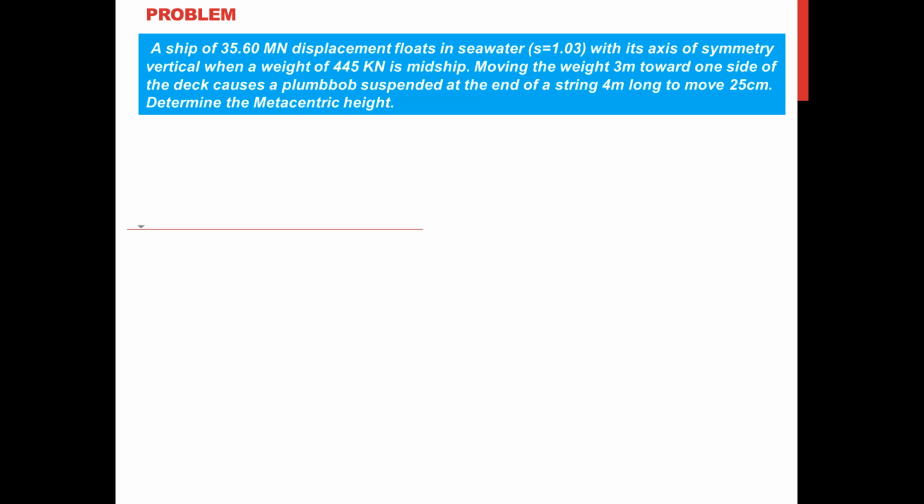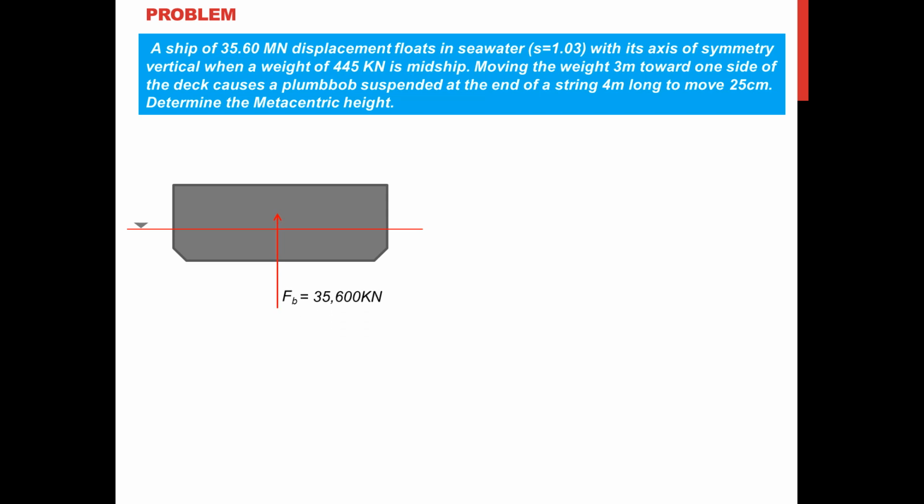So we illustrate first the liquid surface and the ship. Now the condition of 35.6 meganewton displacement, as mentioned earlier, displacement refers to buoyant force. So we place it in here as the buoyant force equal to 35,600 in kilonewton units. So the weight here is in midship.